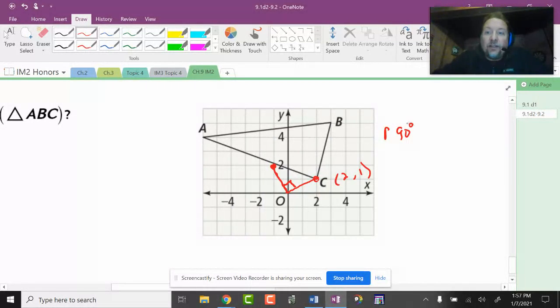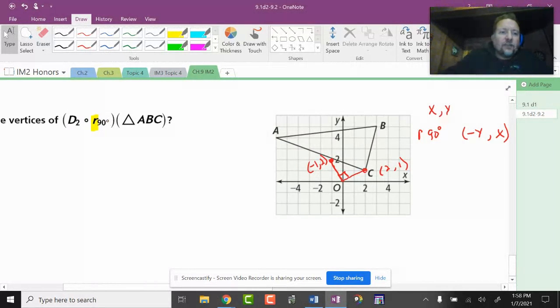Rotating 90 degrees, and the coordinate is (x, y). Look at what it ended up becoming: (-1, 2). So that is a switch of x and y, and the opposite of that. Okay, that is weird, and that's what we actually have in this.